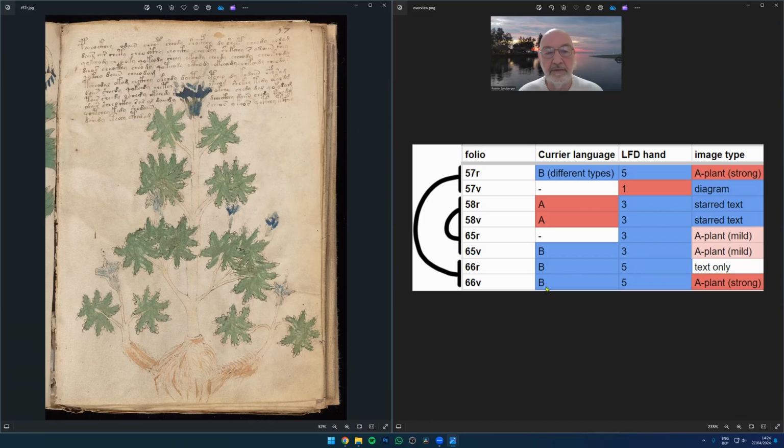Yeah. Now, one thing that's for certain, and that becomes even more clear with our new observations on these plant properties, is that in Quire 8, so these pages that we're discussing now, we see more different people, different styles, different languages within the same Quire, within the same page.